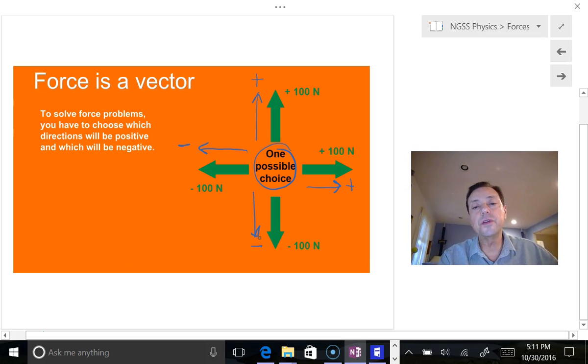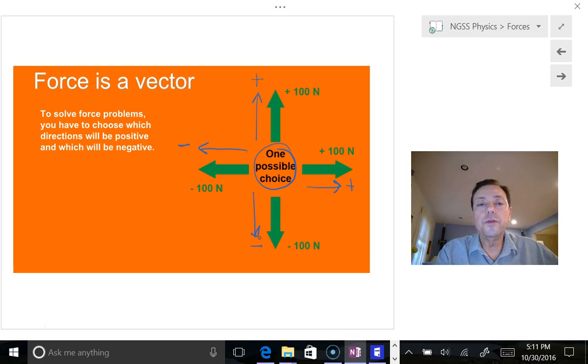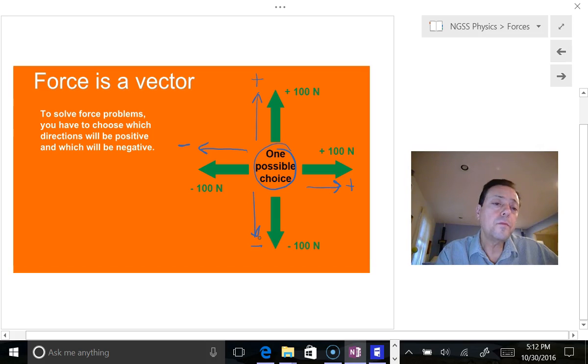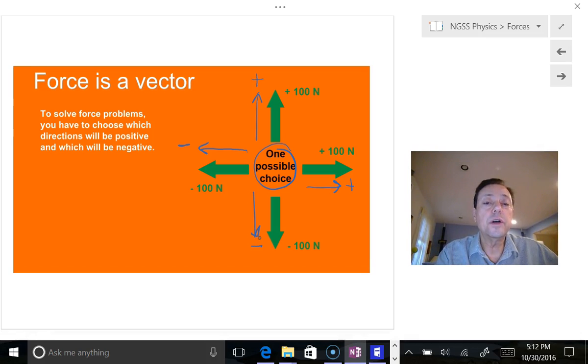So we say this is a sign convention, which means conventionally most people do it like this, but there are problems where it might be an advantage to say that down is positive and up is negative. I don't anticipate that'll happen during this year, but if that should happen and you reverse the sign convention, it's perfectly fine.